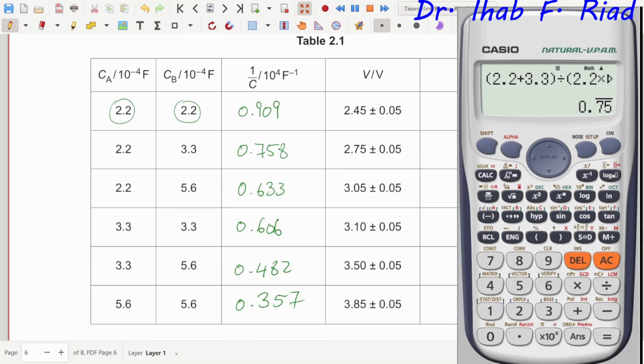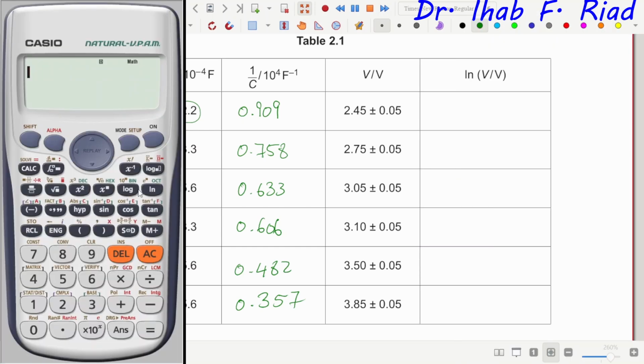Now let us do the column for ln V. So we need to calculate ln V. So it is ln 2.45, which is 0.896. How are we going to decide the decimal places and the number of significant figures?